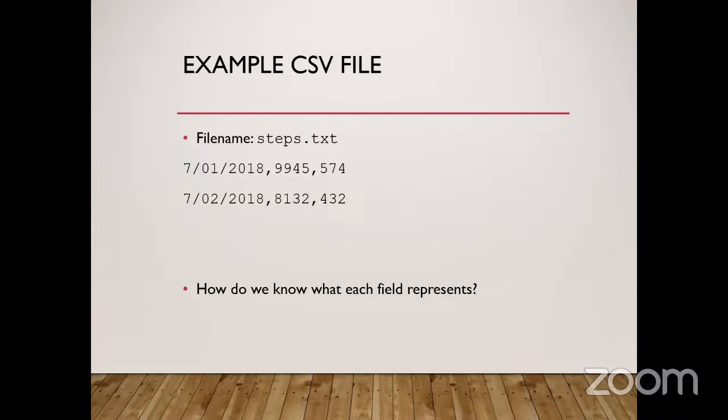I know the name of the file is steps, but I don't know if they did 9,000 steps or 574 steps. So this is where your top row or your title row comes into play a lot of times.